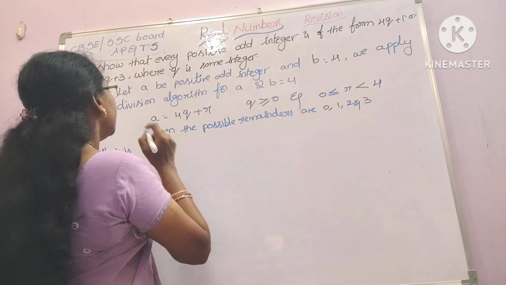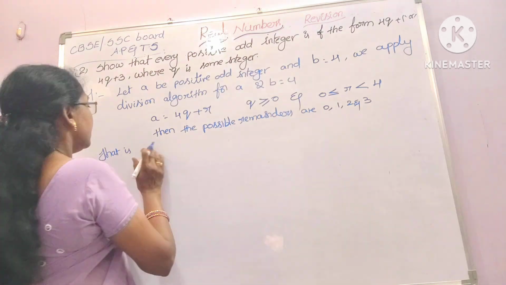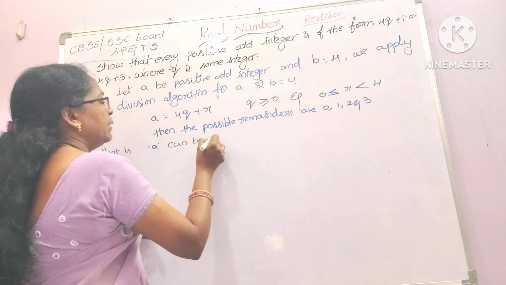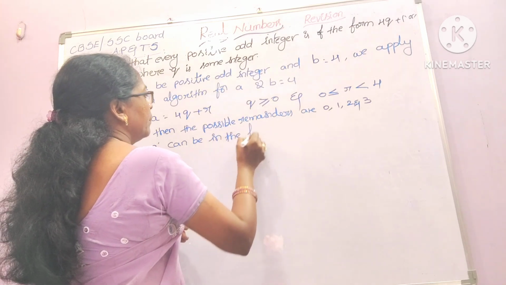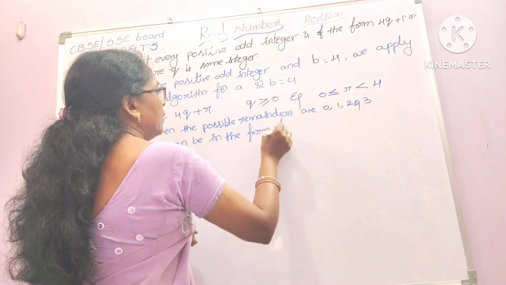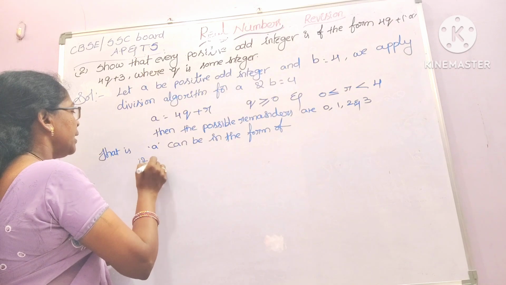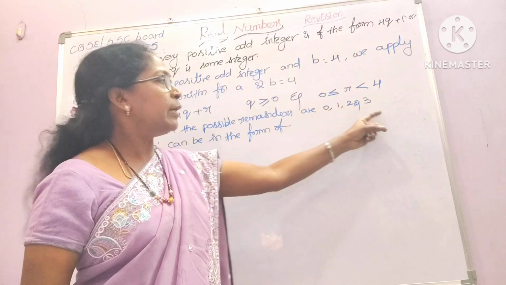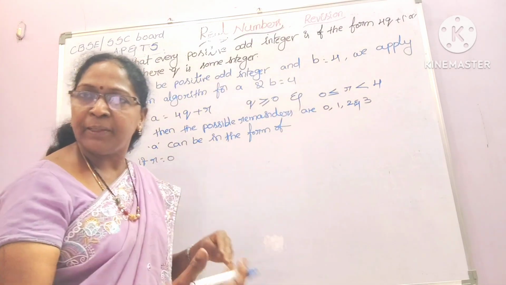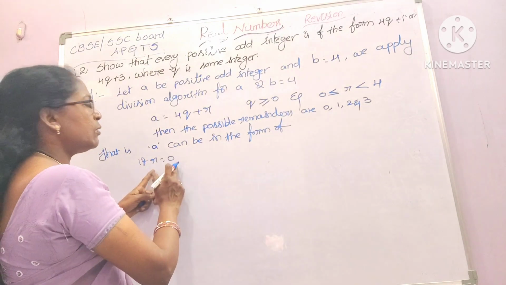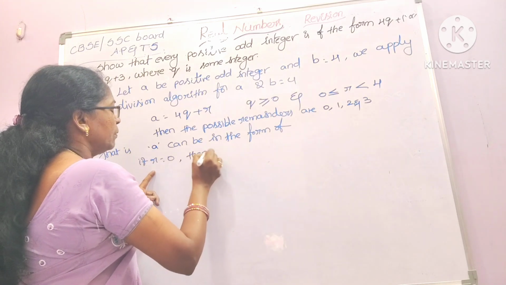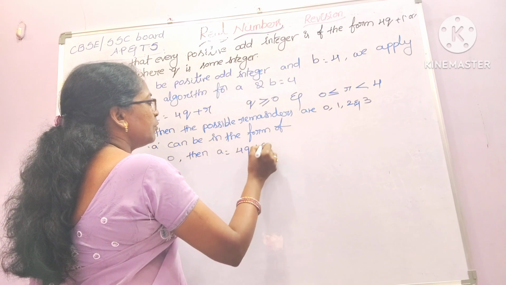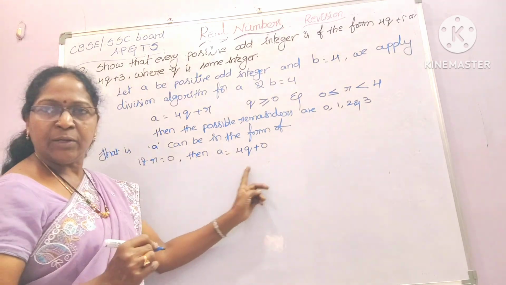A can be in the form of: if r equal to 0, then A equal to, applying the formula 4q plus r, in place of r write 0, that means A equal to 4q.